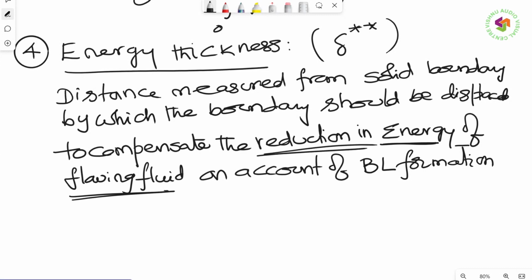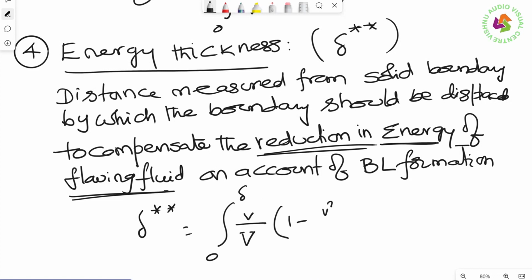So this is the next. And what is the equation for this? Delta double star is equal to integral 0 to delta, small v by capital V into 1 minus small v square by capital V square, into dy.